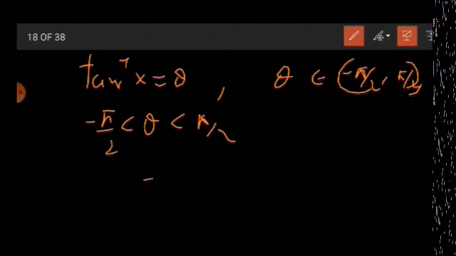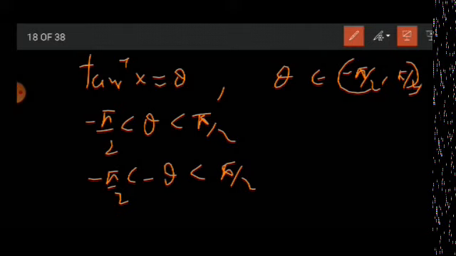So what about minus theta? Once again, minus theta is less than pi by 2 and greater than minus pi by 2. If you multiply by a negative sign, the right side pi by 2 becomes the left side, and negative pi by 2 comes to the right side. So minus theta lies between minus pi by 2 and plus pi by 2, open interval.